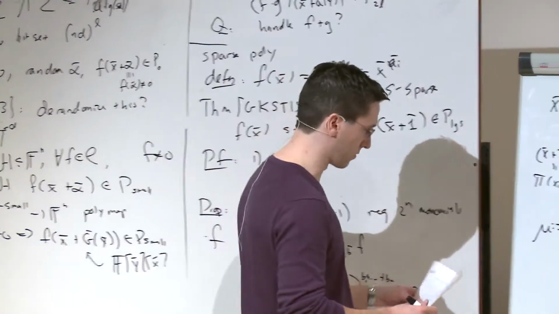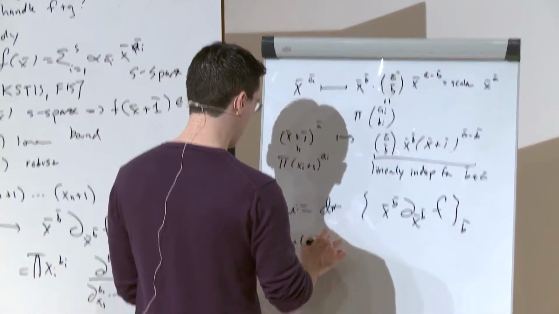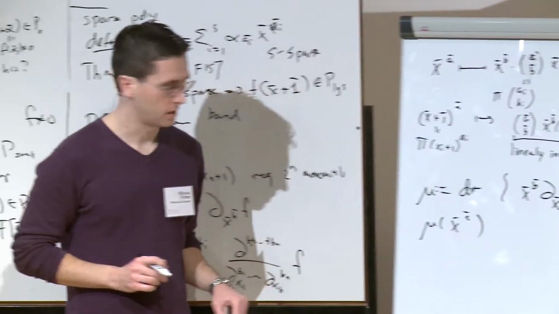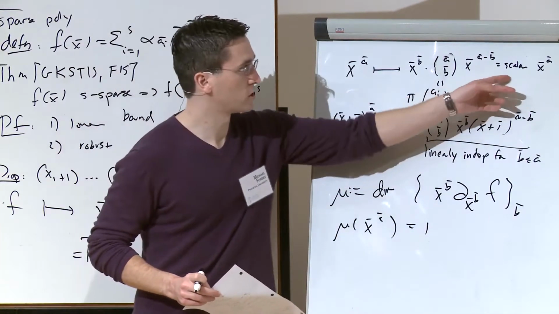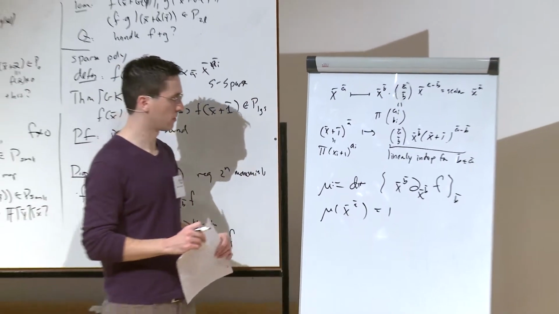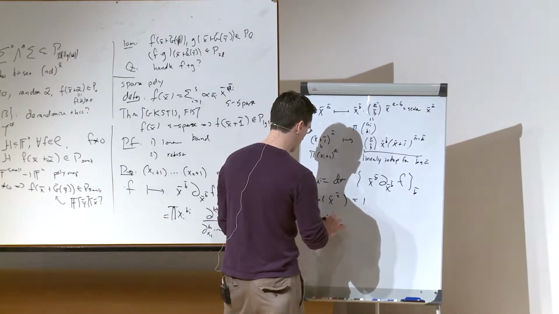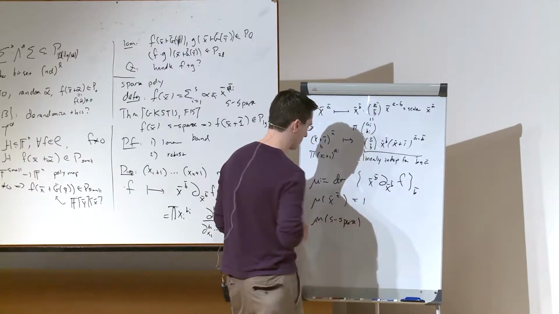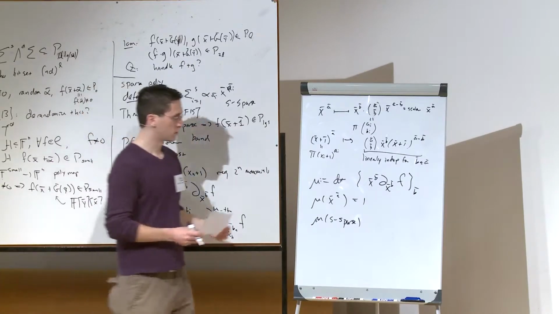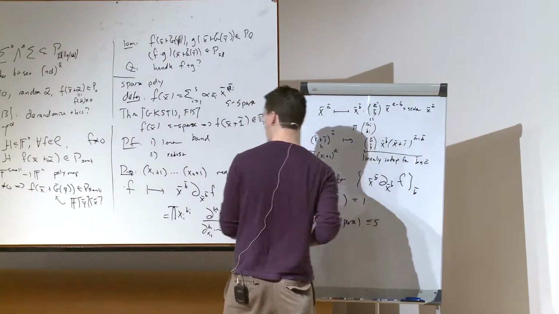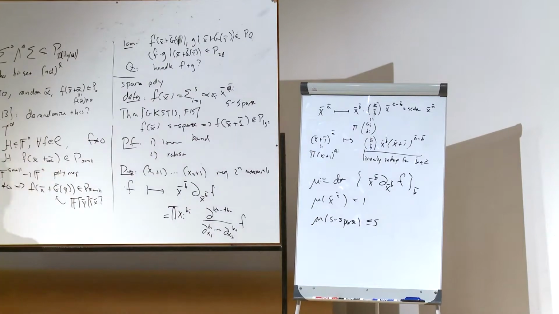Just to recap what happened: if you take a monomial x to the a, this measure is 1, because when we're measuring dimension, these scalars don't really matter. And if you have mu on S-sparse polynomials, because linear algebra is magical, this is subadditive, so the measure should be at most S. But the key insight is what happens when you apply it to monomials in this translated basis.